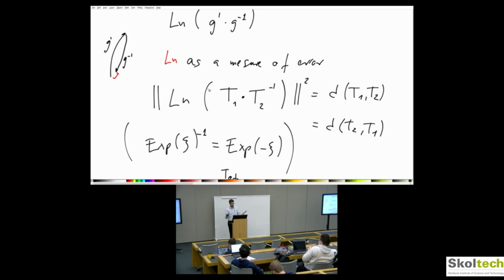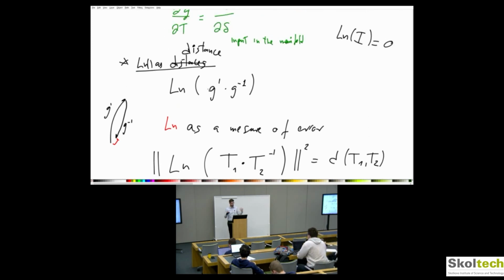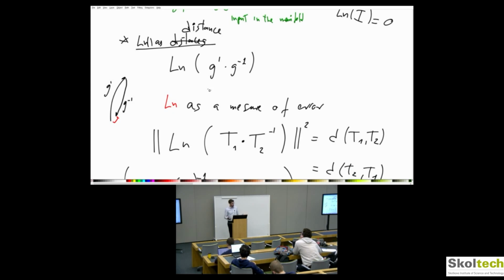Remember, the manifold resembles Euclidean space. In this sense, we are preserving distances between transformations. This is very important, because later, when you apply this to state estimation, you are going to be calculating the residual. Ideally, everything matches and the residual is 0. But if not, you want to perturb just to make it smaller.